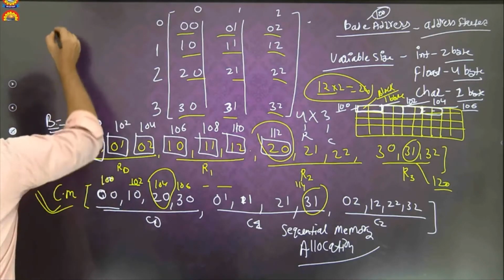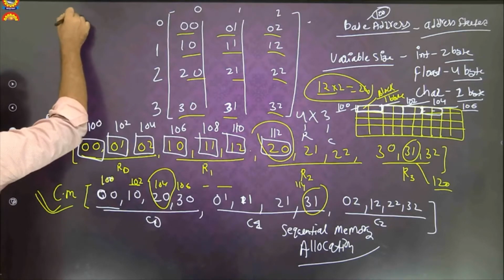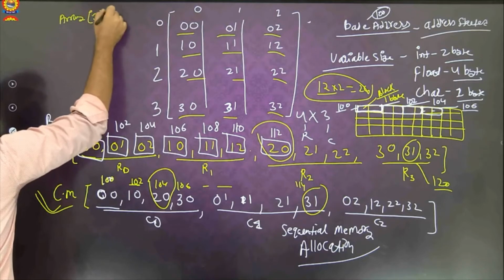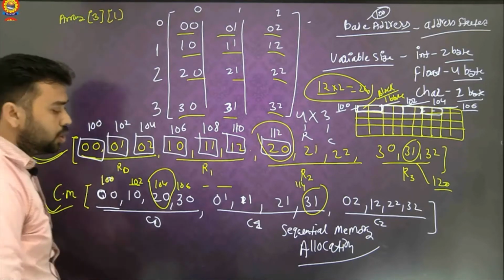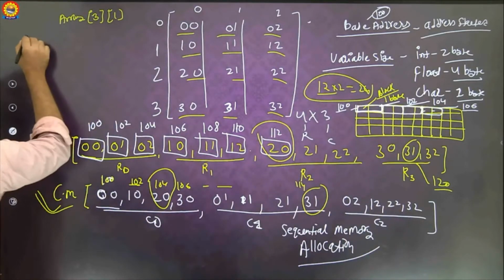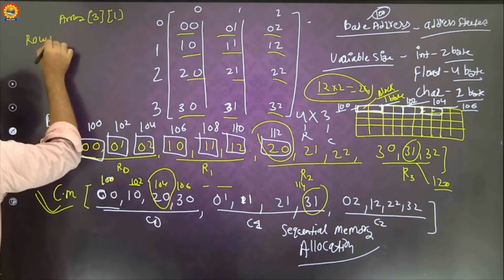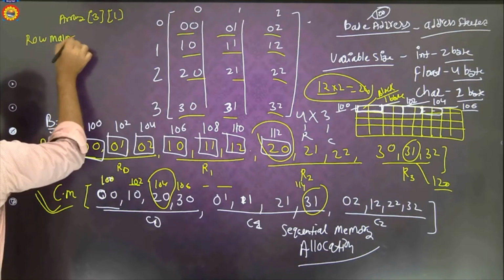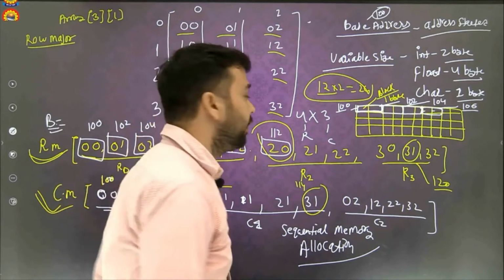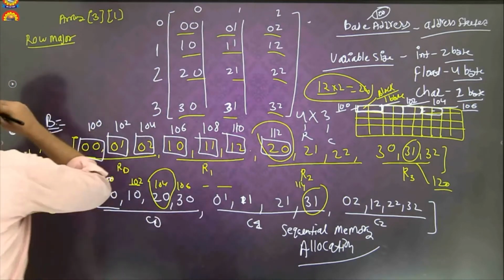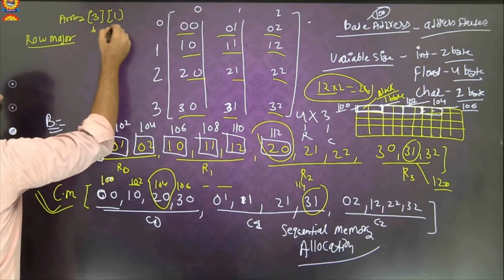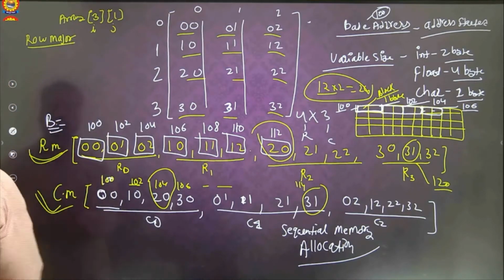Suppose we wish to find out the address of array element 3 1. So in the case of row measure, how can we identify? Let's have a look. In the case of row measure, we do it something like this. Suppose I let it be i and let it be j.